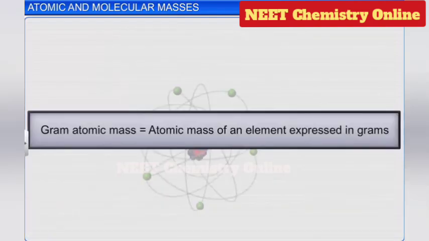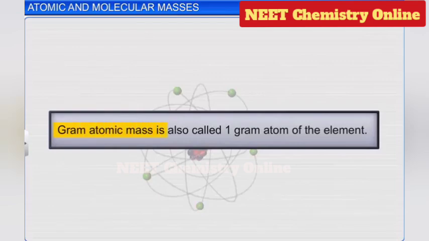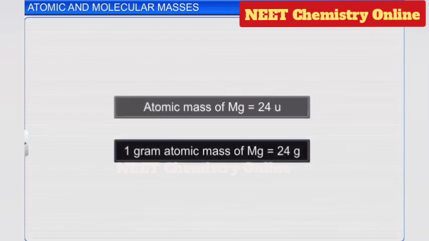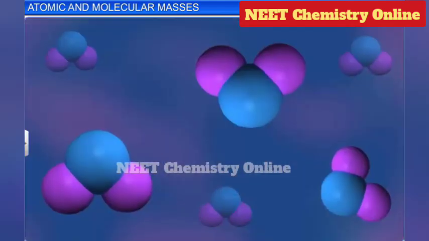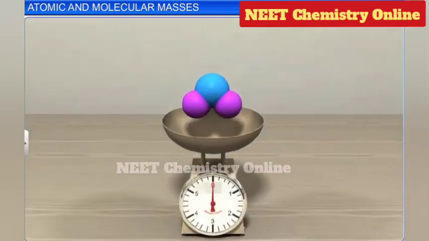When the atomic mass of an element is expressed in grams, it is called gram atomic mass. Gram atomic mass is also called 1 gram atom of the element. For example, 1 gram atom of magnesium is equal to its atomic mass expressed in gram, which is 24 gram. Like atoms, molecules are also very small. Hence, their mass cannot be determined by weighing them.